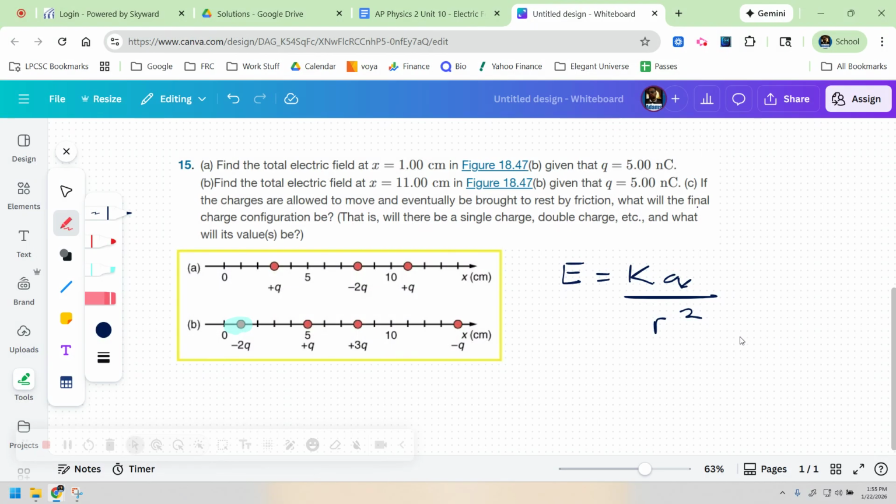And the force, wait, let me read this field. The total electric field at X, there is a negative point charge. So right here we have a negative point charge, right? It's negative 2Q.